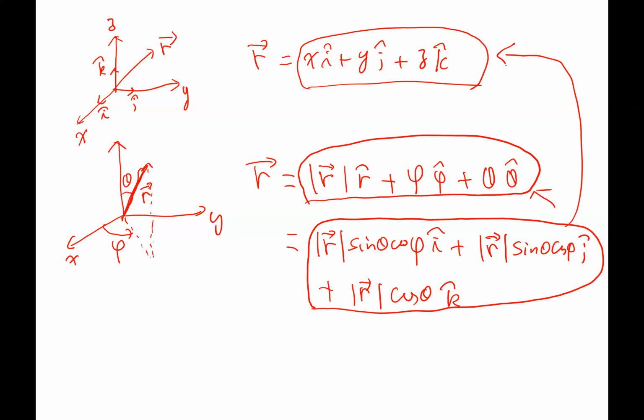Okay, so this means that the position itself in the XYZ coordinate system, this point itself, if you call it P, is physically the same point in real space, right?